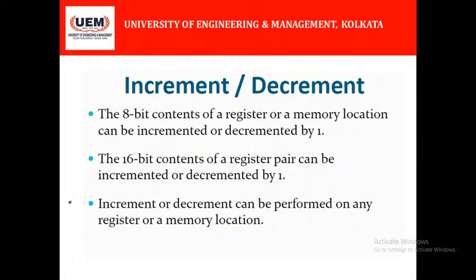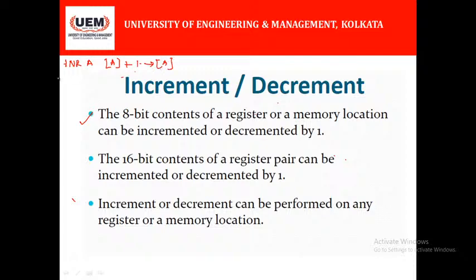Now next we have increment or decrement. In the case of increment and decrement, the 8-bit contents of a register or a memory location can be incremented or decremented by 1. For example, in INR A, the value of the accumulator register is incremented by 1, and the result is stored in the accumulator.